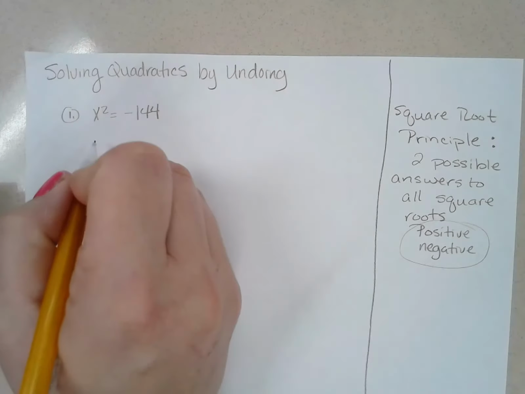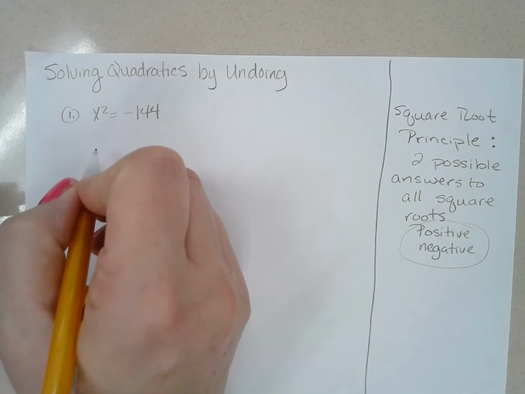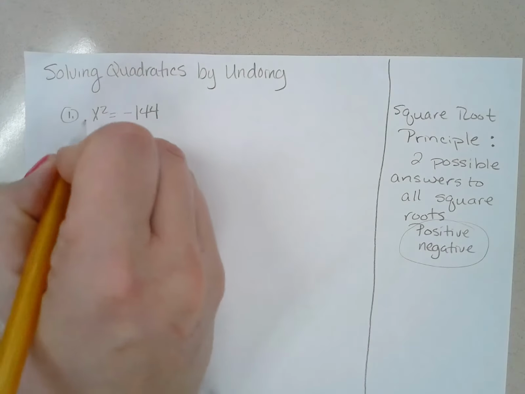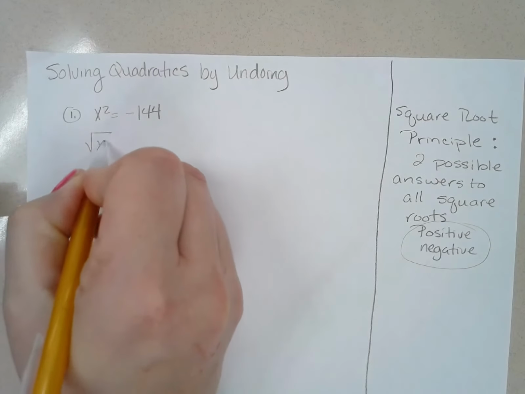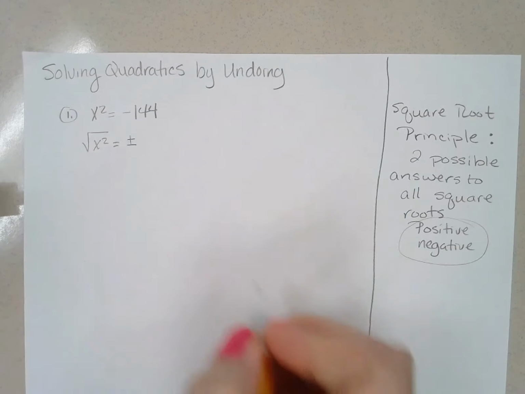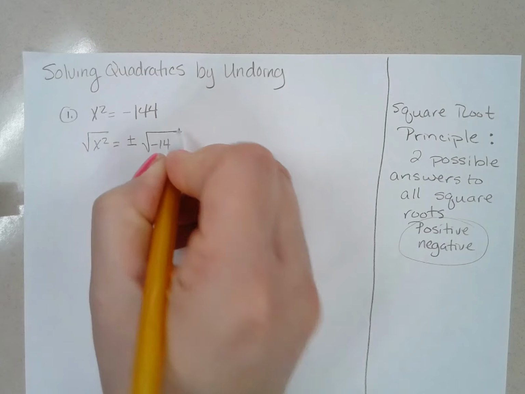So let's use this equation, x squared equals negative 144. And we're going to use the square root principle to solve this problem. So what we're going to do is take the square root of x squared. And when we do that, we're going to write a plus or minus sign in front of the square root of negative 144.